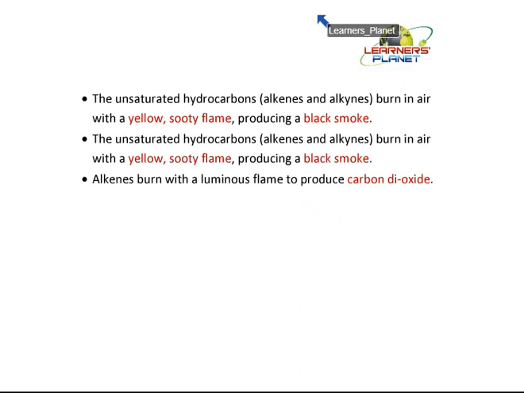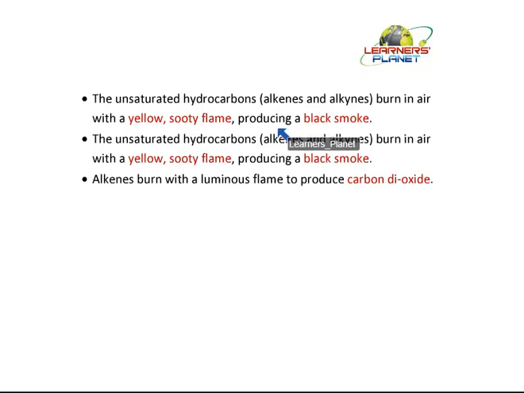Now let's take up the next point. The unsaturated hydrocarbons burn in air with a yellow sooty flame, producing black smoke. Why? If you burn oil, it gives that yellow flame. If you burn ghee, that gives a yellow flame.